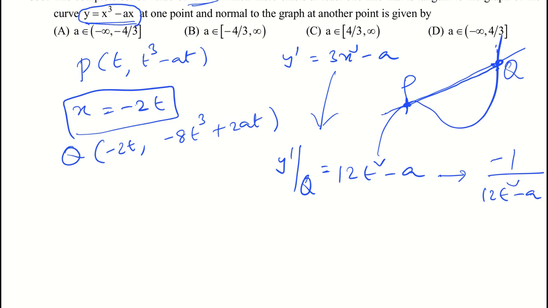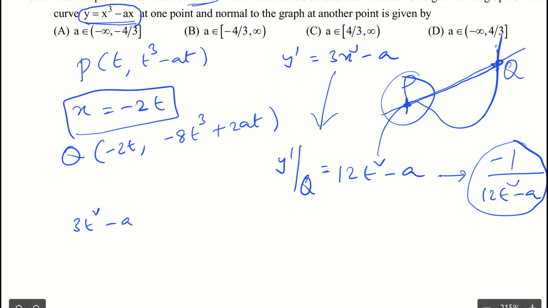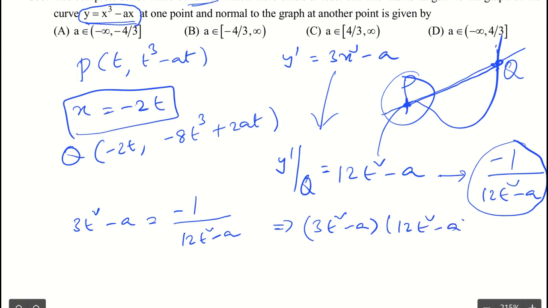Now slope of the normal at Q must be equal to slope of the tangent at P. What is slope of the tangent at P? 3t square minus a should be equal to slope of the normal at Q, that is minus 1 by 12t square minus a. From this I am getting 3t square minus a into 12t square minus a is equal to minus 1.